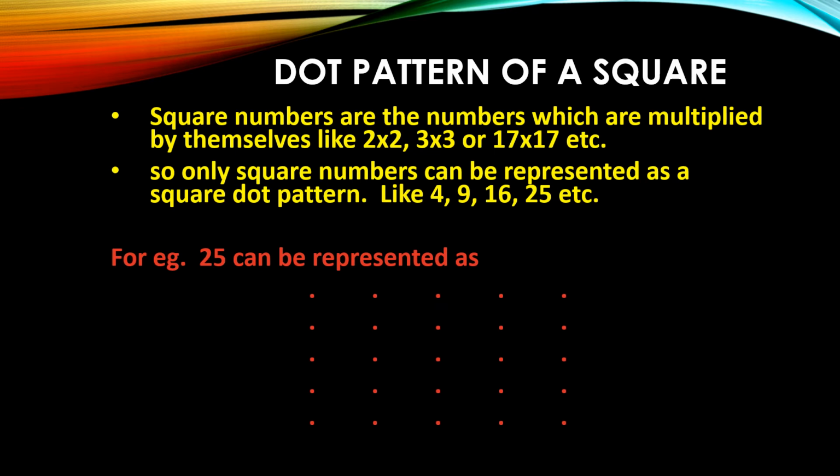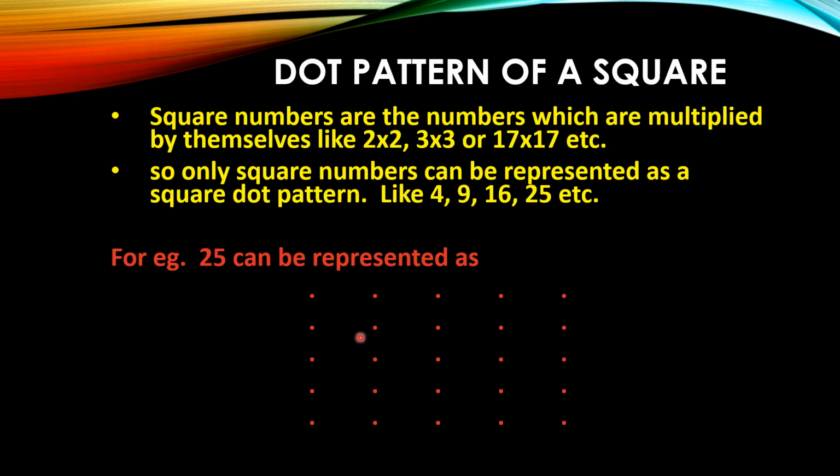So now how can we represent the numbers in the form of a square? Just now we have done that only the square numbers can be represented like this. So we'll take some examples like 4, 9, 16, 25, etc. Like 4 is made from 2 twos are, 9, 3 threes are, 16, 4 fours are, 25, 5 fives are, and so on, 121, which is 11 elevens are, right? Now here I am taking the example of the number 25, which can be represented in the form of a dot pattern and in the form of a square.